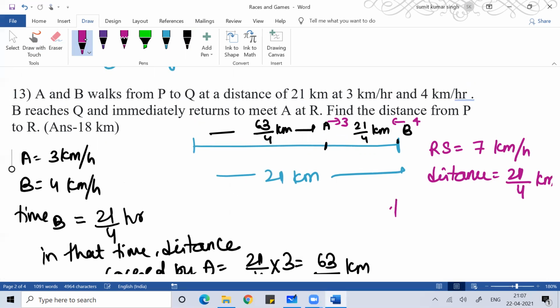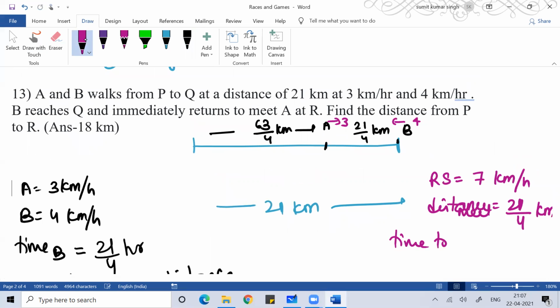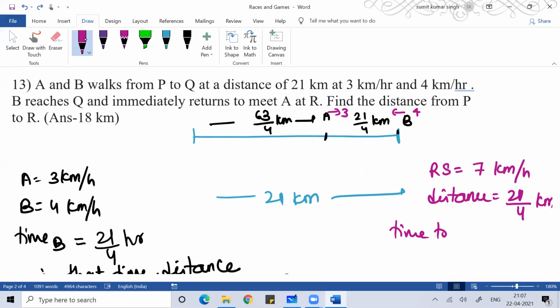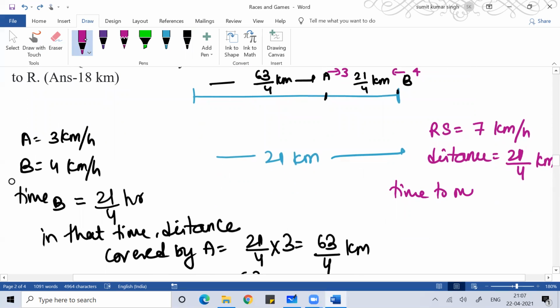How much time do they take to meet? The time to meet would be 21 by 4 by 7, which is 3 by 4 hours.